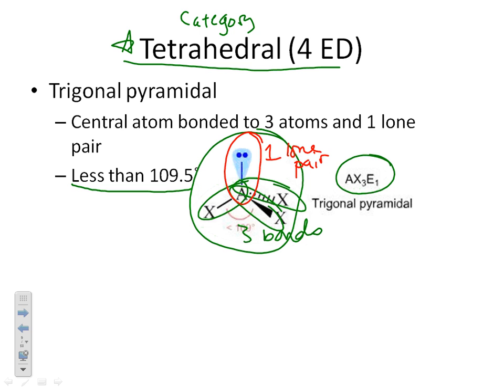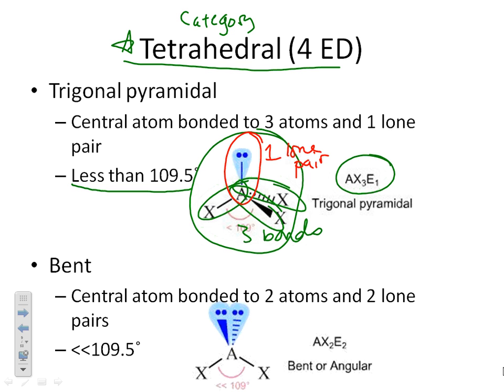So that's a total of 4 electron domains, but they're not all bonds. 3 of them are bonds, 1 of them is a lone pair. And it's called trigonal pyramidal because, if you think about this, the lone pair doesn't really show up necessarily. We don't see it. It will occupy space, but because electrons are so small in terms of the rest of the atoms, we're not going to visualize it as well. So it does kind of look like a little pyramid, hence the pyramidal aspect of the name.